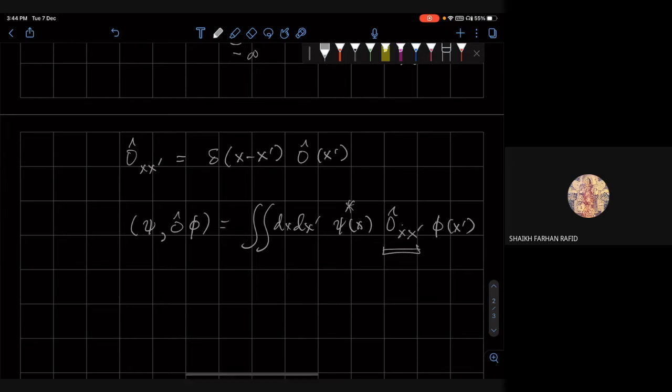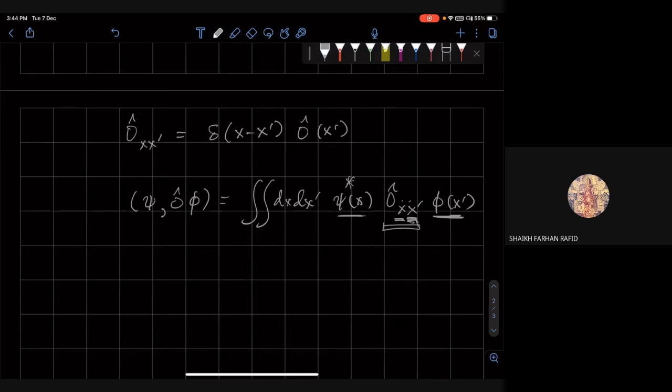Now the index structure of this means that the second index acts on this wave function, and the first index acts on this. And the analogy here is with matrix multiplication, right? If we have a matrix acting on some vector v, it will give me another vector w. Now, if I take another vector, say u, take its Hermitian conjugate, and multiply this equation from the right, then we have essentially a number, right?